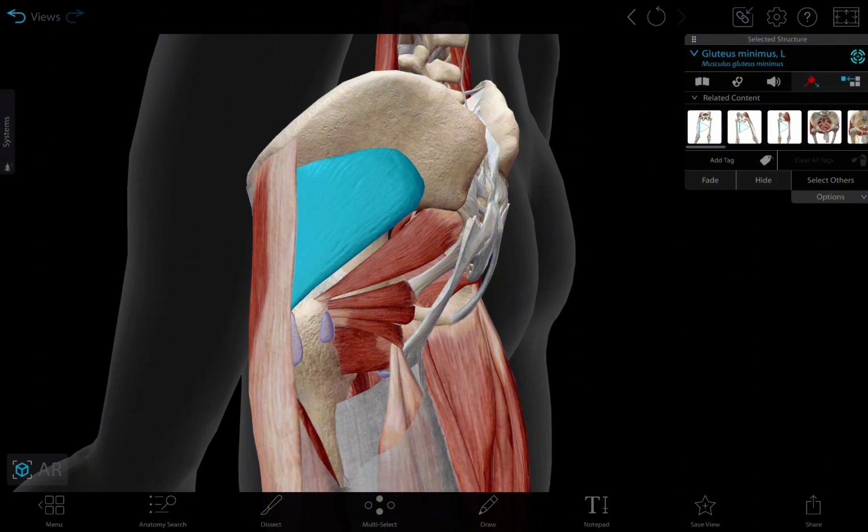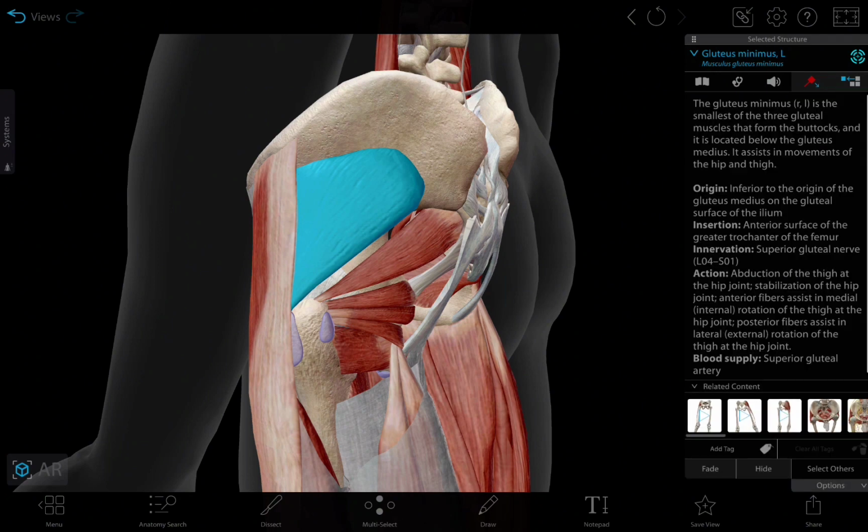It is called the gluteus minimus muscle, and it is the third gluteal muscle. It is the smallest of the three gluteal muscles. The first is gluteus maximus, second is gluteus medius, and third is gluteus minimus. This one is the smallest of all three, and gluteus maximus is the largest.